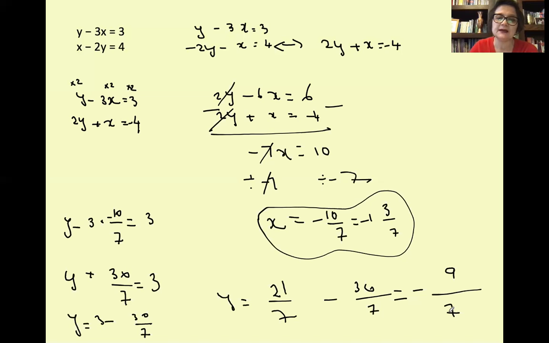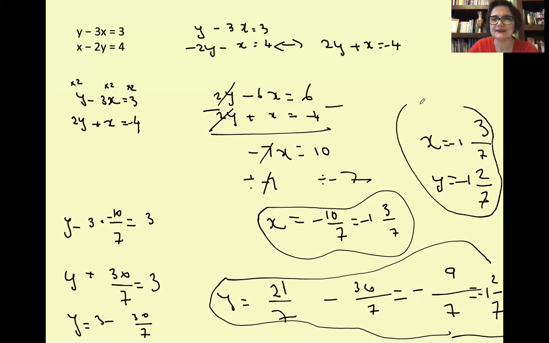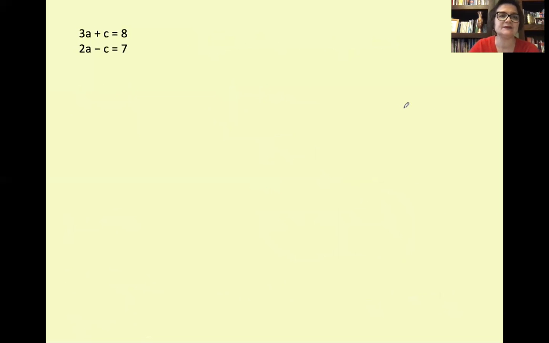And this is my y, or minus 1 and 2/7. Okay, so my solutions are, I'm going to put this in a circle as well. My solutions are x equals minus 1 and 3 over 7, and y equals minus 1 and 2 over 7. These two.